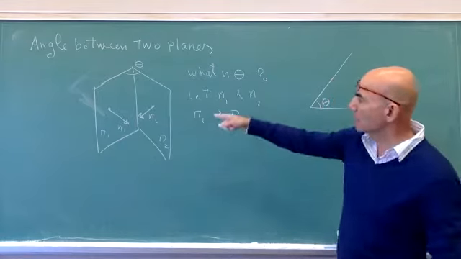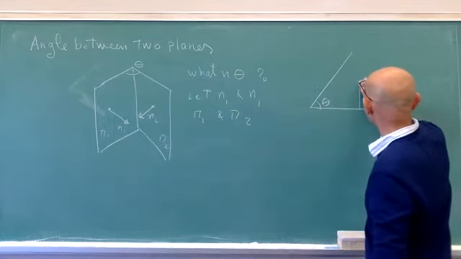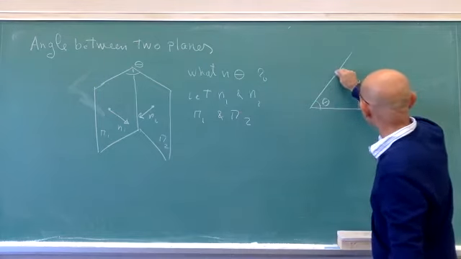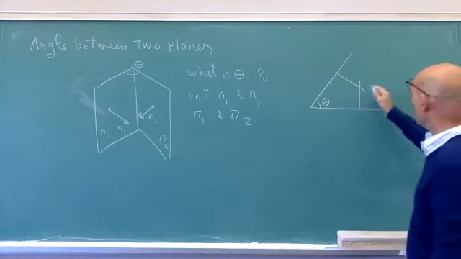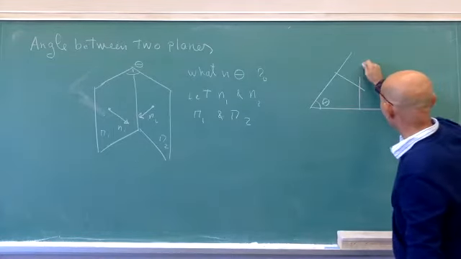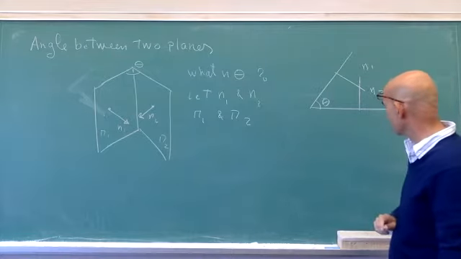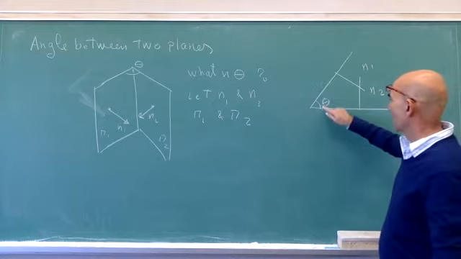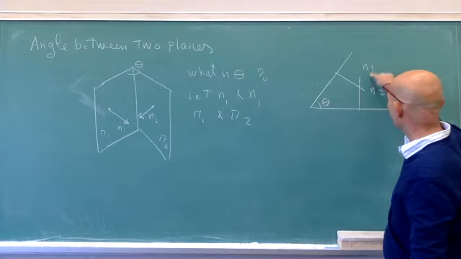Then your normal is normal to this plane. I can draw it like that. And there is another normal line that comes normal to the other one. So this is the direction of N1, and this is the direction of N2. So now, can you tell me what this angle theta is in terms of angles between N1 and N2?